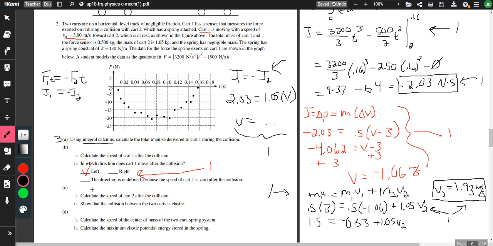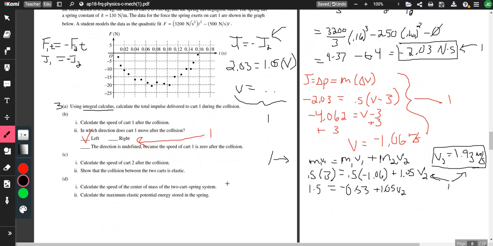Now part C2 wants us to show that the collision is elastic. Now, if you recall, there's two different types of collisions. There's elastic and inelastic. Elastic collisions mean that the kinetic energy is conserved.